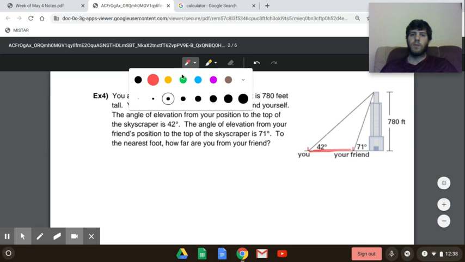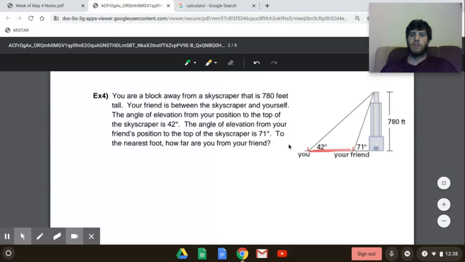So what I see immediately is 2 right triangles. I see this big one here. So I'm going to draw that one out over here. 42 degrees is the angle of elevation. We know the tower is 780 feet tall, and here's our right angle.